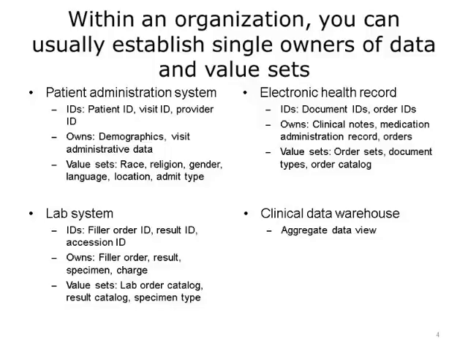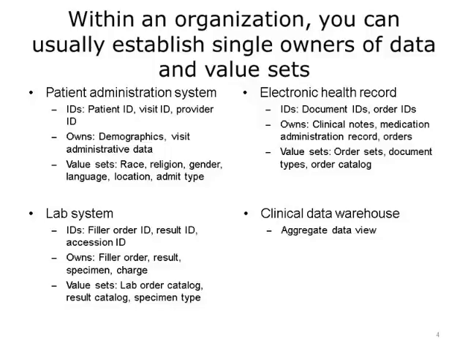The admissions office might also have some value sets that they are responsible for, such as admission types, for example, inpatient, emergency, ambulatory. If admission types are changed, the changes must be done on the patient administration system. The electronic health record, the system used by the clinicians, would own data that clinicians collect.